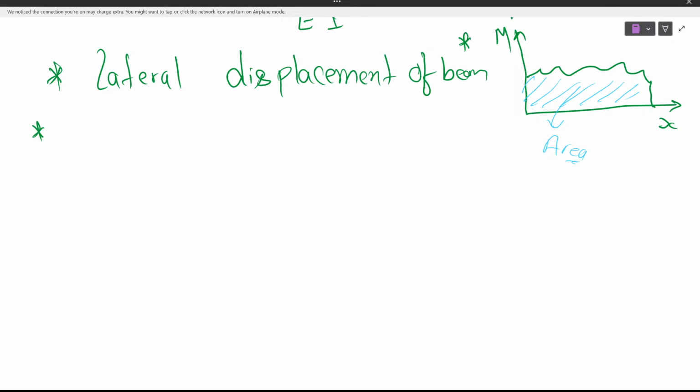If a beam is like this and it is deflected to something like this, then this displacement is known as lateral displacement.